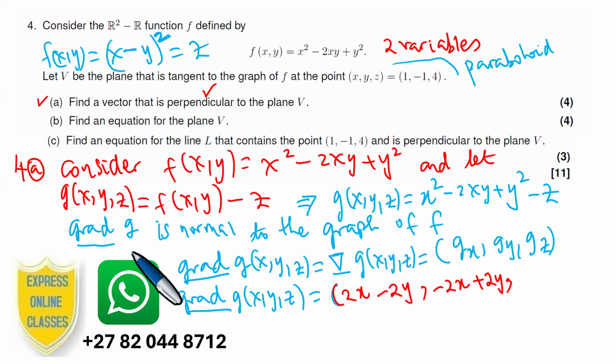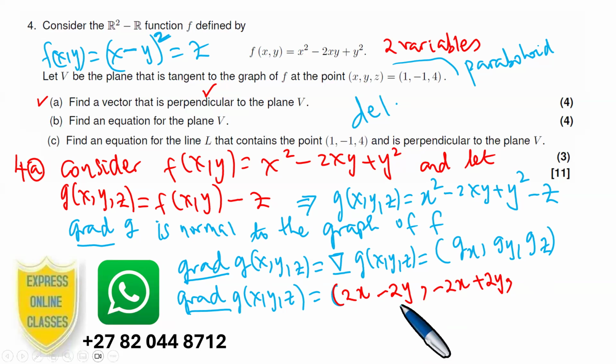Now the gradient of g is normal to the graph of f. So the gradient of g at x, y, z is this, which is gx, gy, gz, and the gradient is also written as del of g.